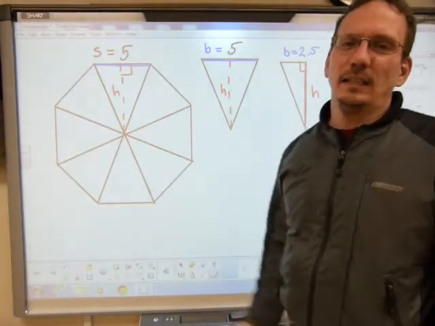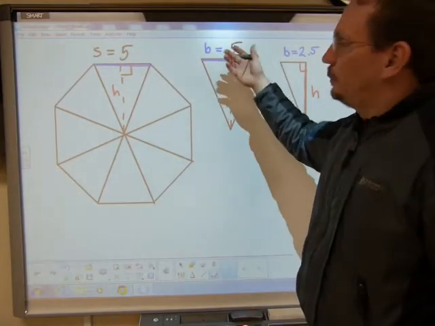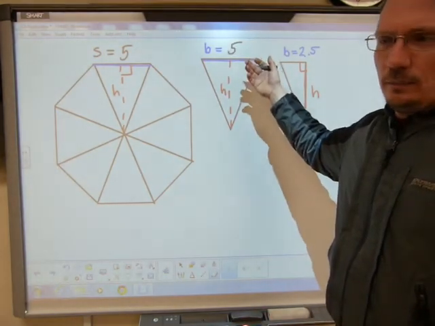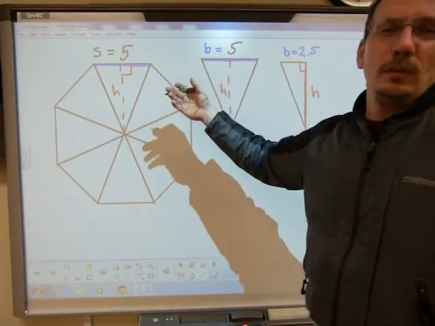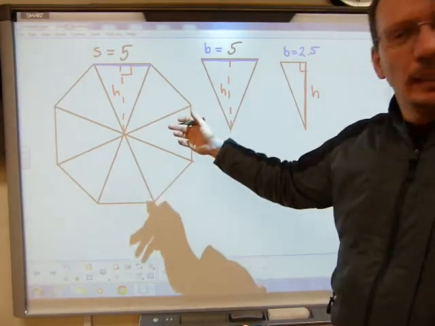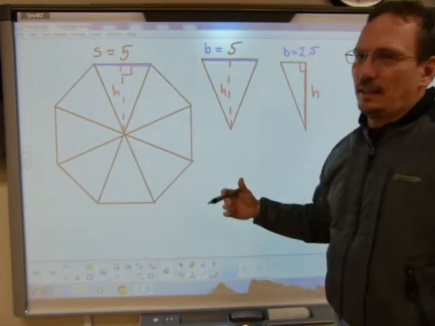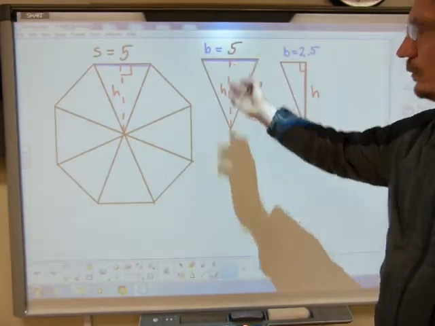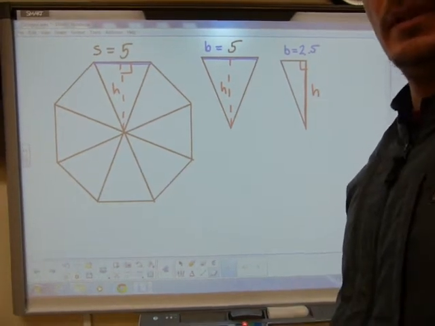What is the side length of the octagon? 5. It becomes the base of the triangle here. Not because we do some magic, but that's how the same quantities relate to different shapes. It's called side length here and base length there. Either way it's the same thing; different shapes just have different terminology.